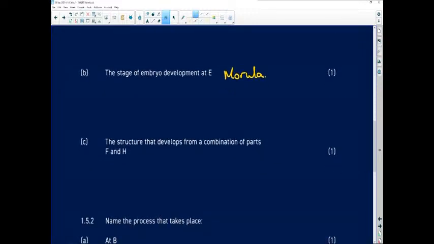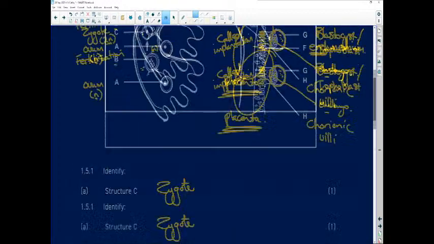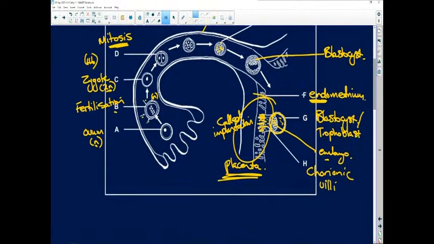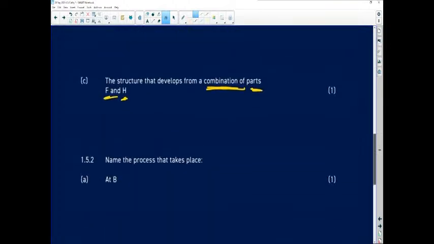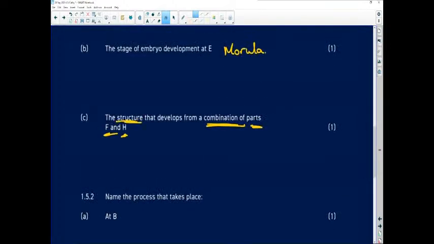The structure that develops from a combination of the parts F and H. So let's just quickly check F and H, which would be the endometrium and the chorionic villi. The structure that it's going to be is the placenta. So the structure that develops is going to be the placenta.